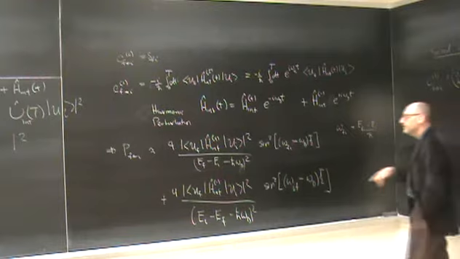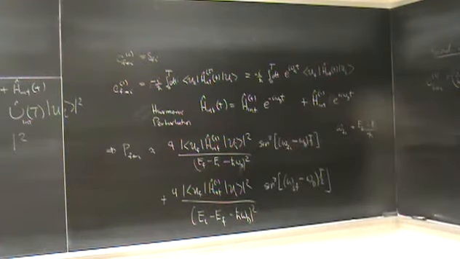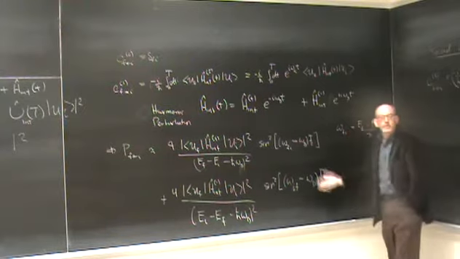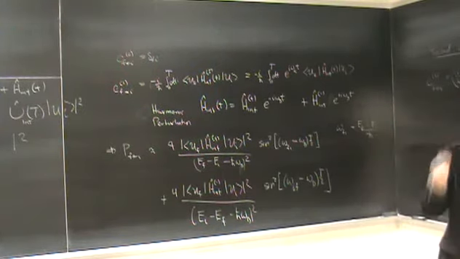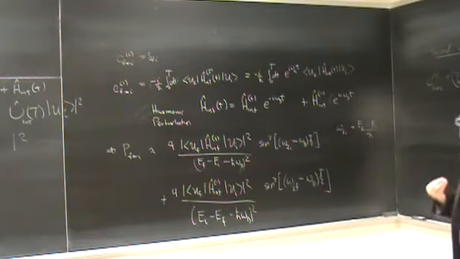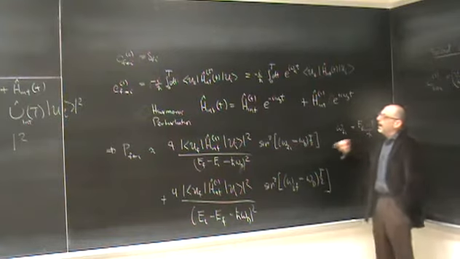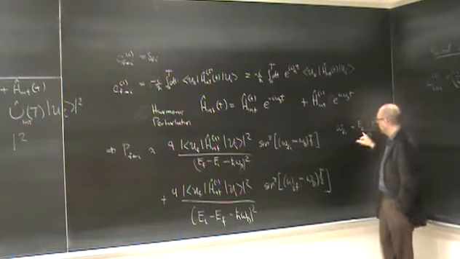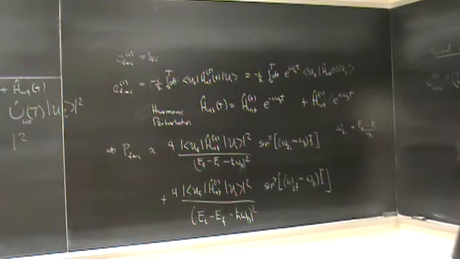Okay, because in this case, the initial state has a higher energy than the final state. Okay? So one important takeaway message from here: we have the phenomenon of resonance. The transition probability is dominated by the case where this drive frequency is close to the energy splitting between two states. That's the dominant effect. Okay?